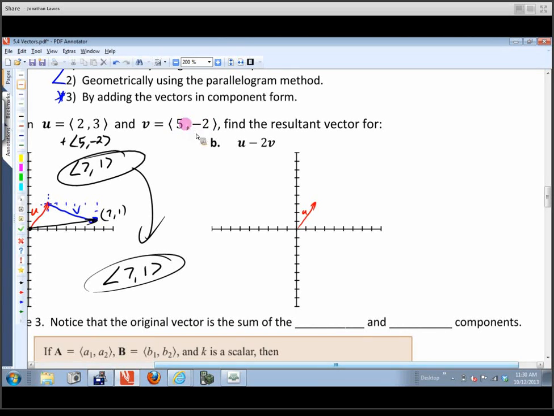So I'm going to take negative 5 and positive 2. So I'm going to go back 1, 2, 3, 4, 5, because we're subtracting this. And then we'd normally go down 2, but we're going to go up 2. So this is the opposite of vector v.